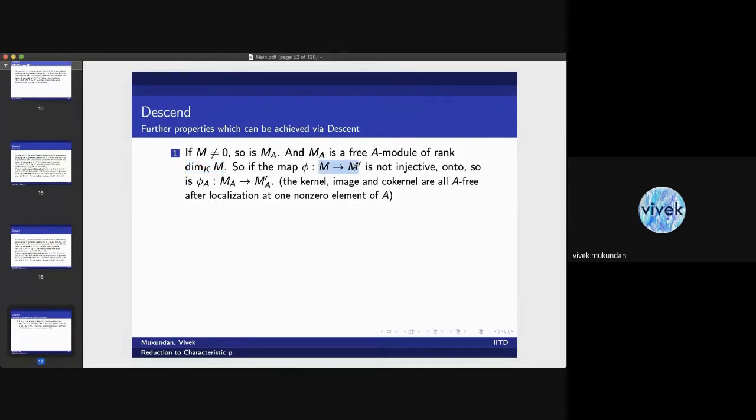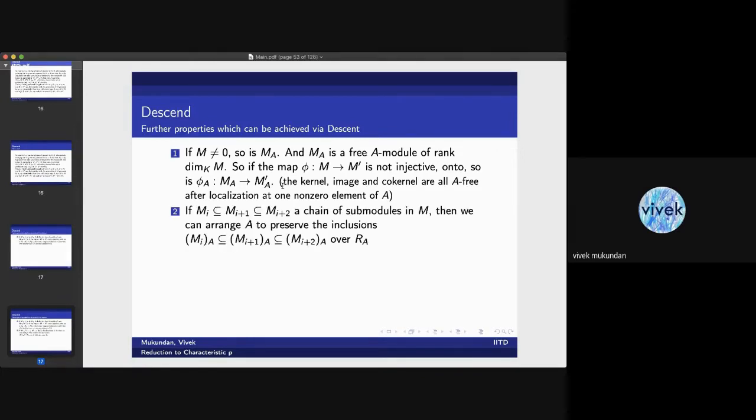So if the map phi is not injective, that means it has a non-zero kernel, then you can make sure that the descent also has a non-zero kernel using the same idea. If your cokernel is non-zero, you can make sure that the cokernel of the descent is also non-zero. So the kernel, image, cokernel are all A-free, and the map being not injective or not surjective can be preserved.